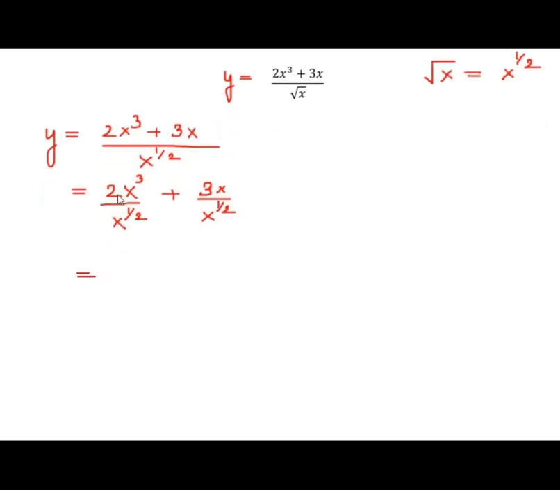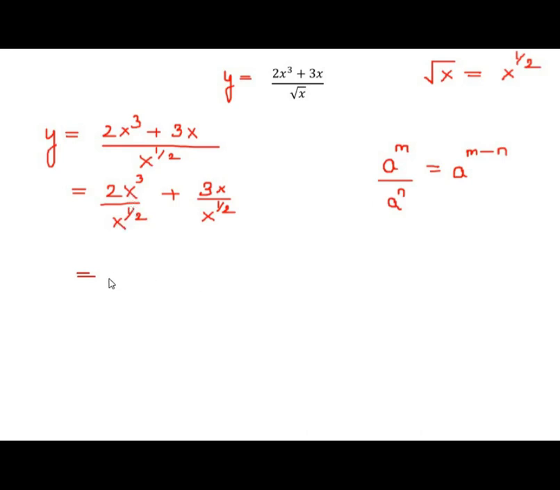Next, using the rules of indices, that is, if I am writing a term as a raised to m over a raised to n, I can write it as a to the power of m minus n, given the fact that both the numerator and denominator should have a.